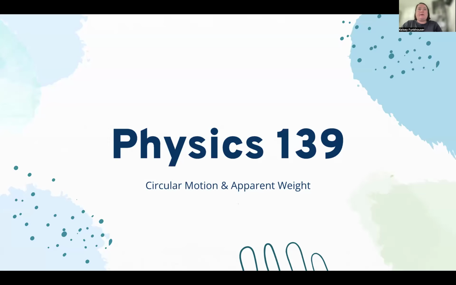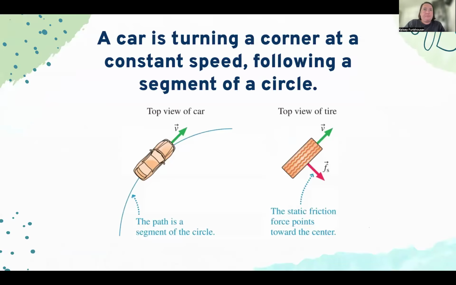Hi, we're going to talk about circular motion again, and apparent weight this time. I mentioned this during the lecture on Tuesday, but when a car is turning a corner at a constant speed, it's following a segment of a circle.